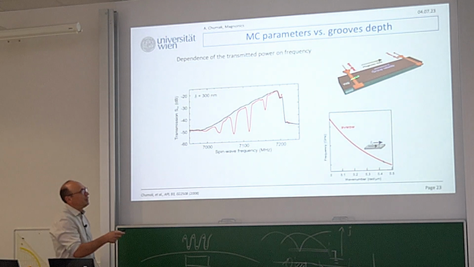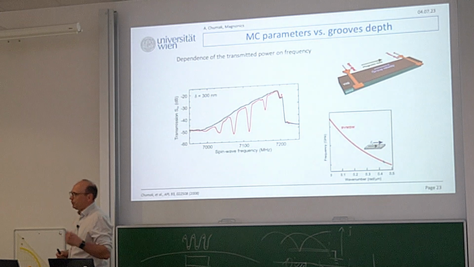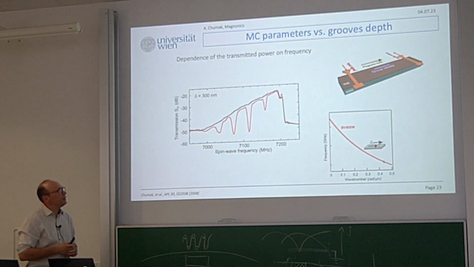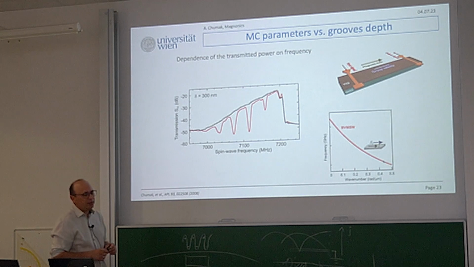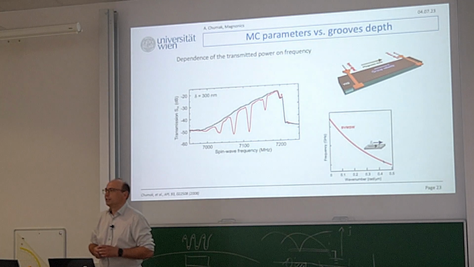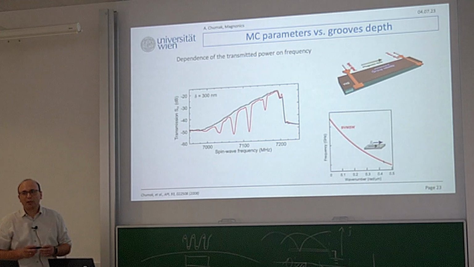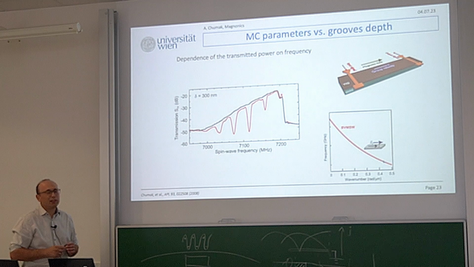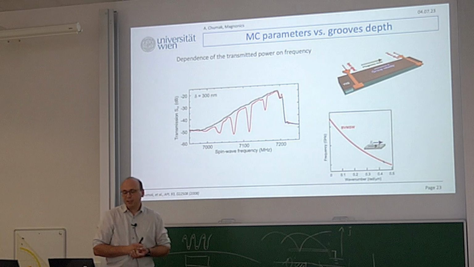YIG is a material which is very hard, mechanically but also chemically. There are not so many acids which you can use to etch it, and the acid used is orthophosphoric acid. It's a very fun acid because, to the best of my knowledge, we drink it every day with Coca-Cola, but when you heat it up to 100-something degrees, it gets quite crazy. It's the only acid I know which eats yttrium iron garnet.